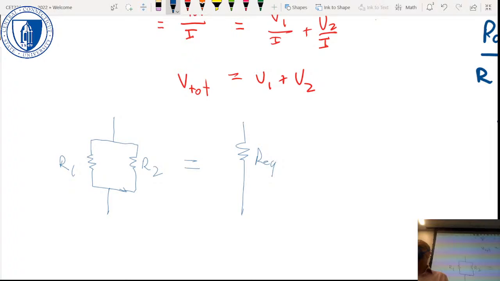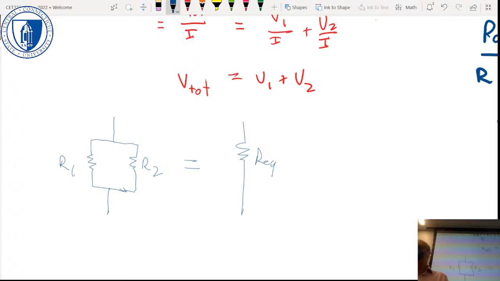And two devices are in parallel if they're connected between the same two nodes. Okay, so here is a node.